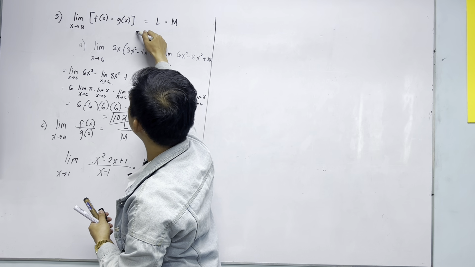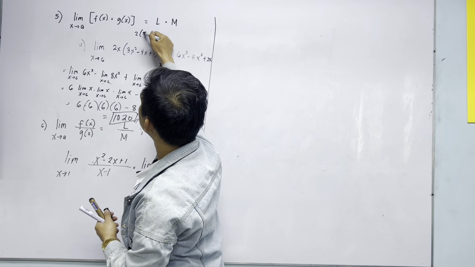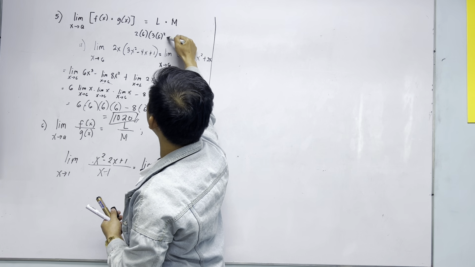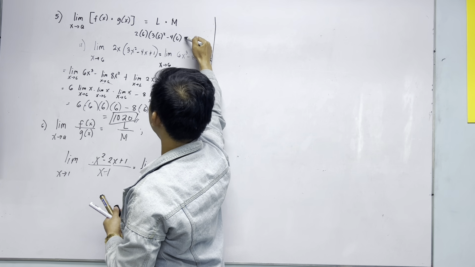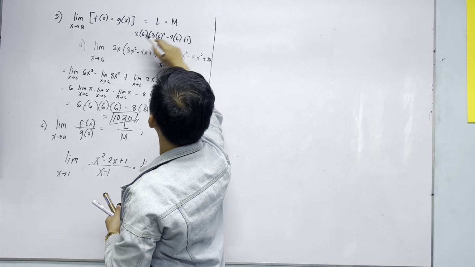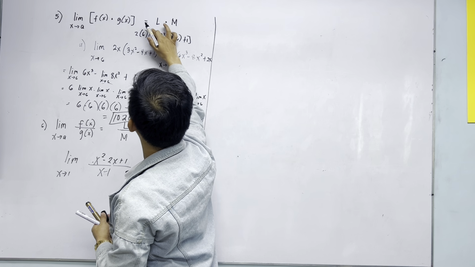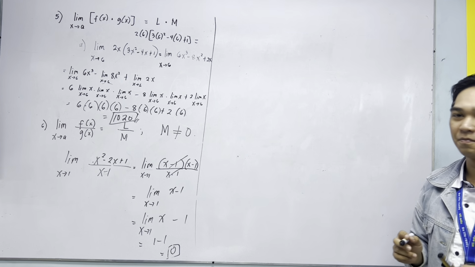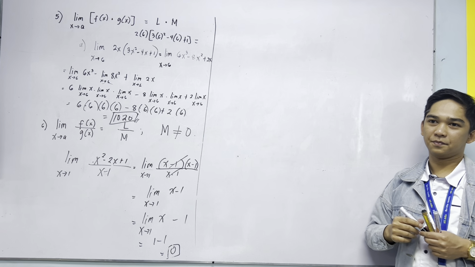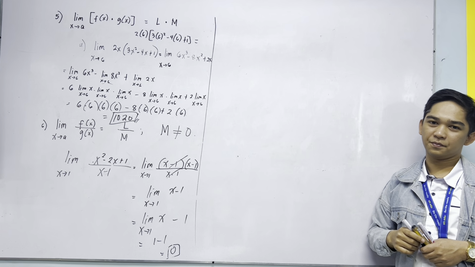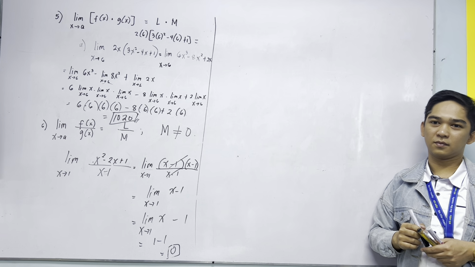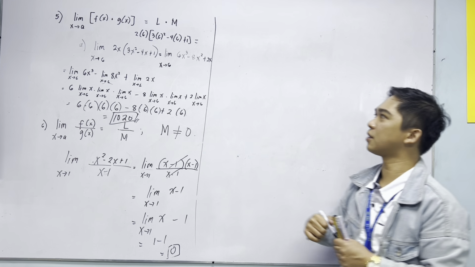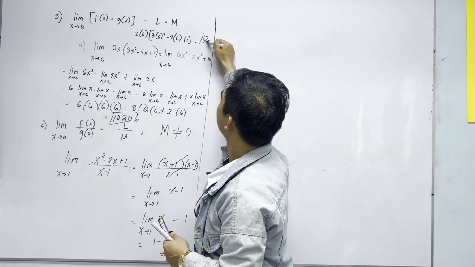Magiging 2 times 6 times 3 times 6 squared minus 4 times 6 plus 1. Try nyo nga. Dapat 1,020. Tama. 1,020. Mas madali pala.